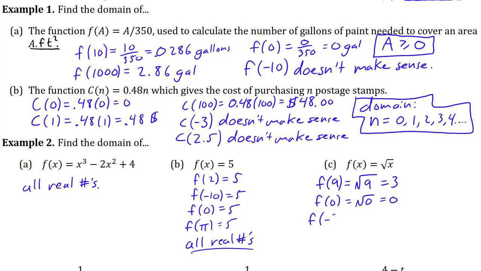If you try to plug in something like negative 9, the square root of negative 9 would be something that you can square and get negative 9, but that's impossible because any negative number squared is going to be a positive number. Negative 3 squared would give you positive 9. So this doesn't exist.